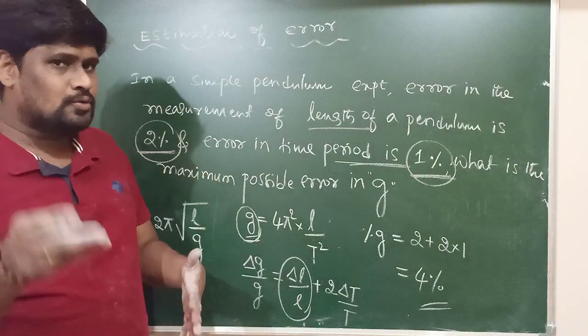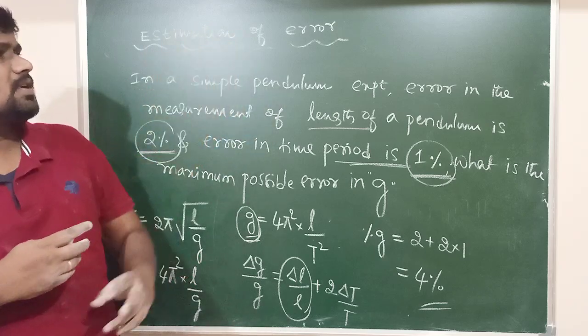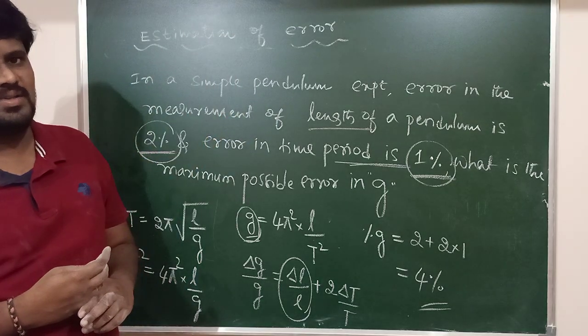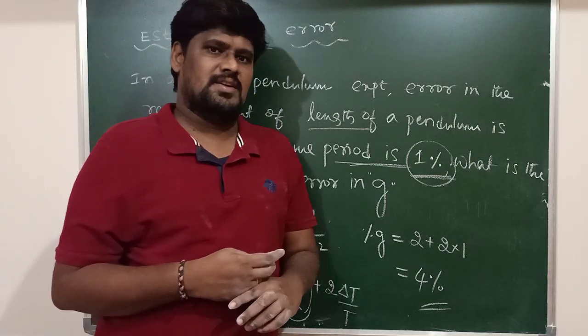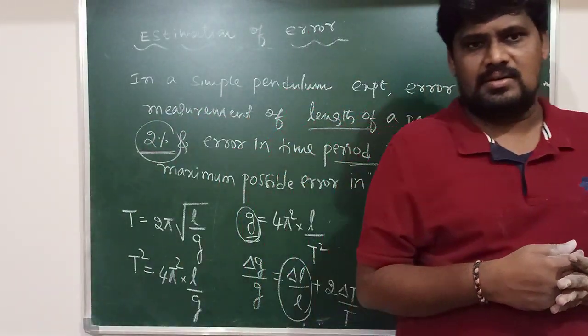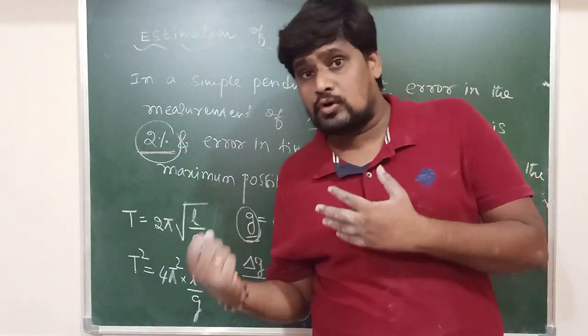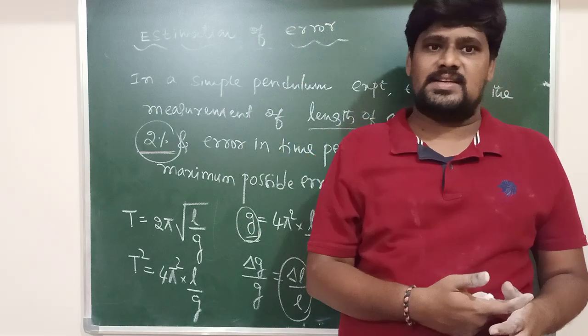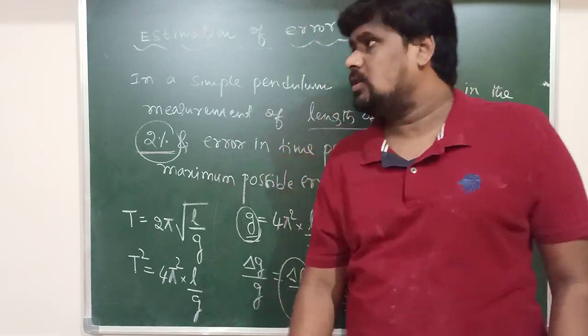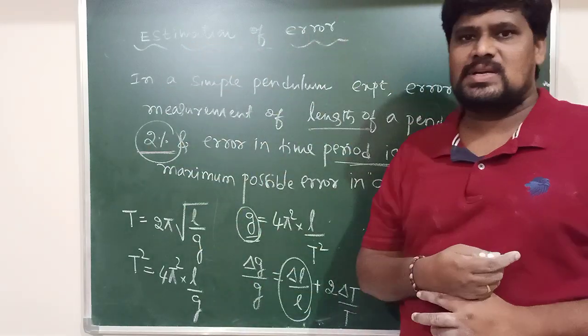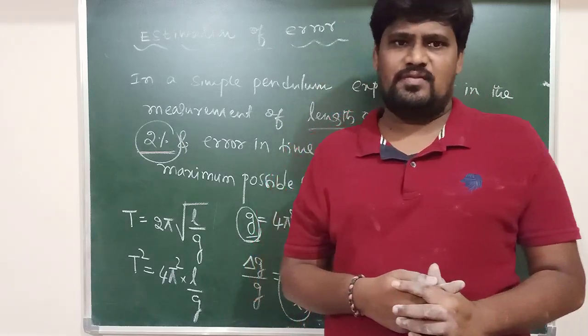We can solve those questions based on the concept called what? The estimation of errors. So in the next session, I will come with a few more questions of other lessons which can be solved with the help of the concept called what? Estimation of errors.